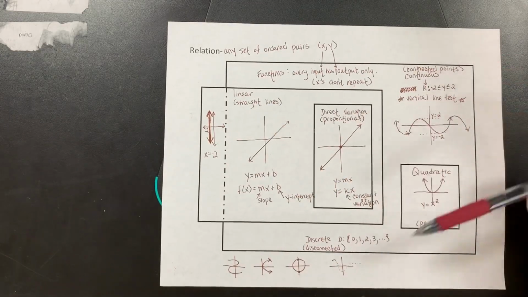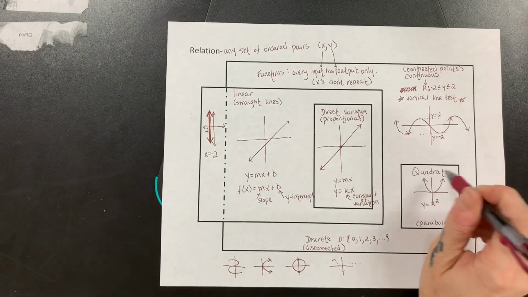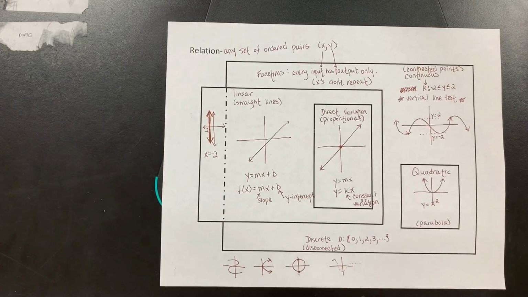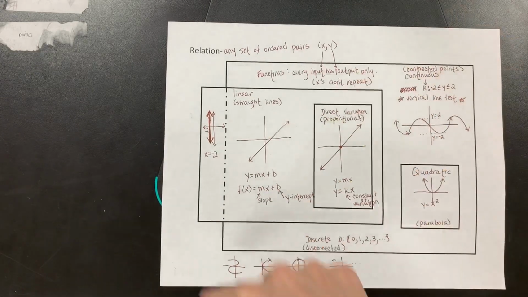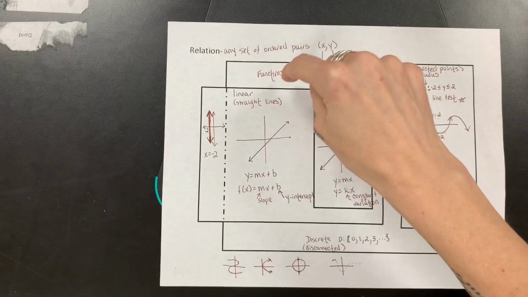We've talked about discrete and continuous data. And another big category we'll talk about is quadratics. Thank you so much for watching this video. When you complete these notes, you'll have everything you need to identify relations versus functions.